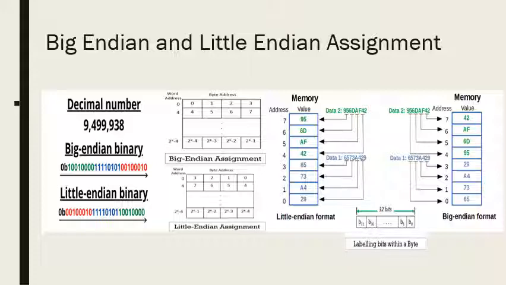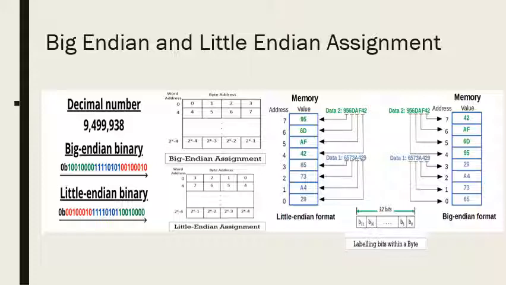In a machine with a word length of 32 bits, the word boundary occurs at byte addresses 0, 4, 8 and so on. A word is said to have an aligned address if it begins at a byte address that is a multiple of the number of bytes in the word. For example, word address 4 has 4 bytes in it, with byte addresses 4, 5, 6 and 7.